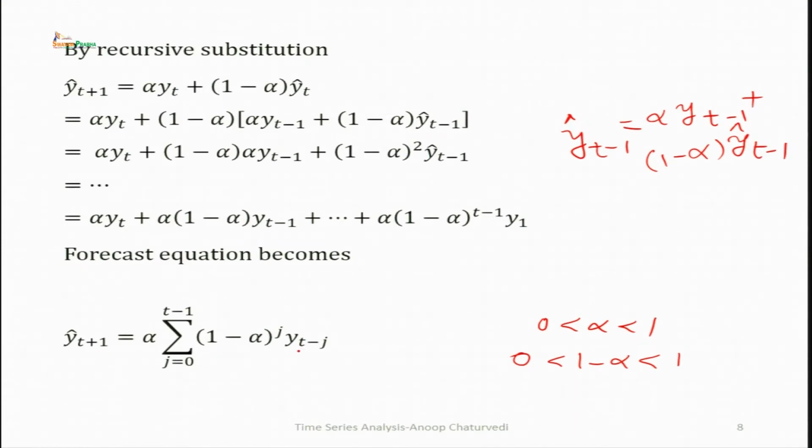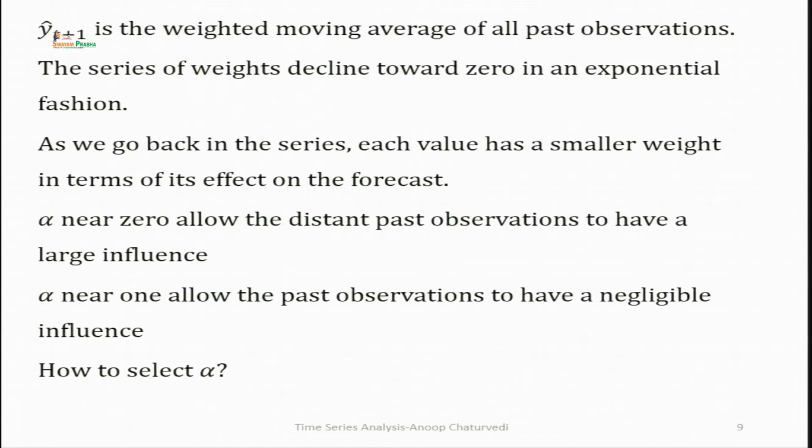and that means if you take j equal to t minus 1, the first value y 1 gets weight 1 minus alpha to the power t minus 1, the minimum weightage. So, the series of weights decline towards 0 in an exponential fashion.